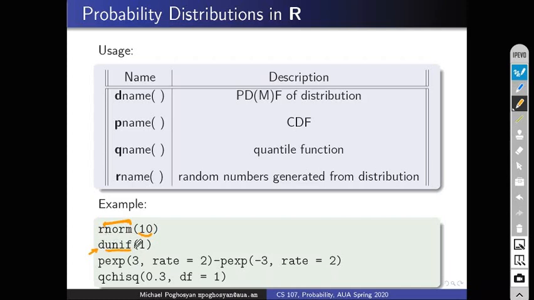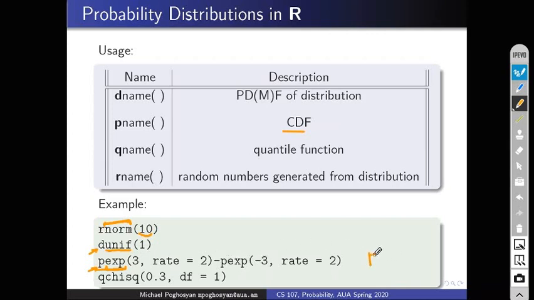So this is calculating the value of the uniform distribution PDF at the point 1. Then pexp(3, ...) minus pexp(-3, ...). exp is the name of the exponential distribution, p is the name for the CDF. So I'm calculating the CDF of an exponential random variable at 3 with this parameter, then minus the CDF at minus 3.